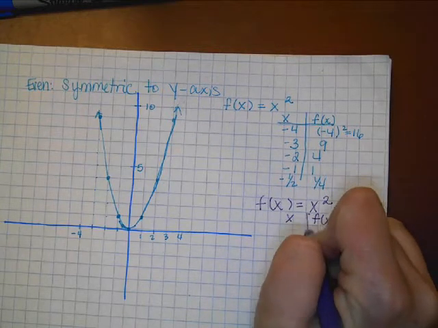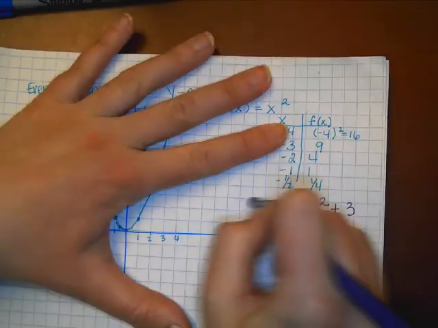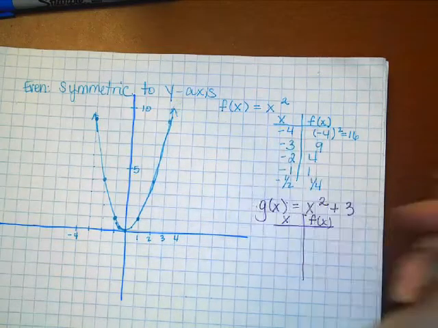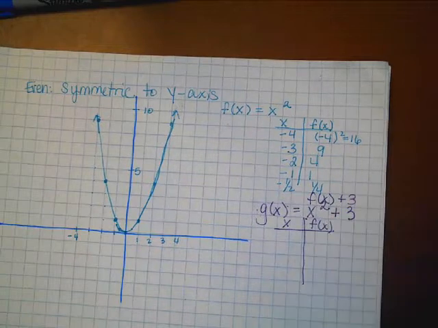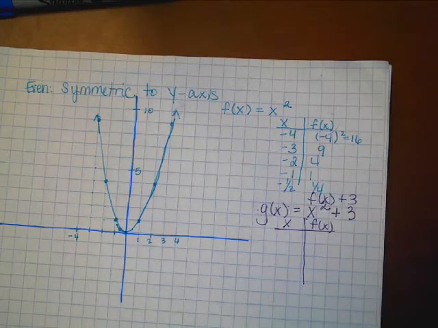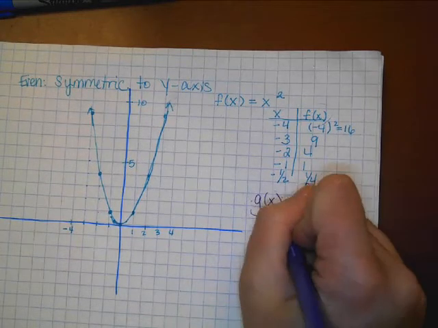So a table of values, I should maybe call this g of x. Let's call this g of x. So then g of x is now f of x plus 3. Okay, so it shifts the f of x graph by 3.